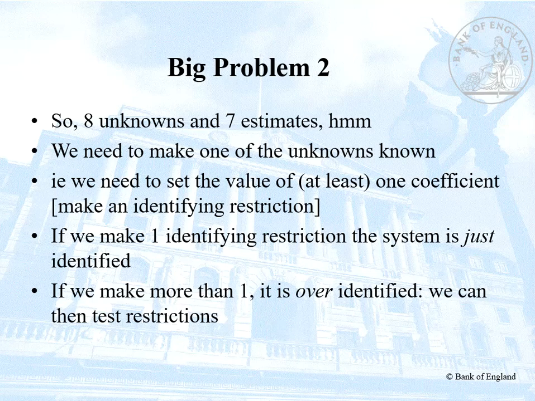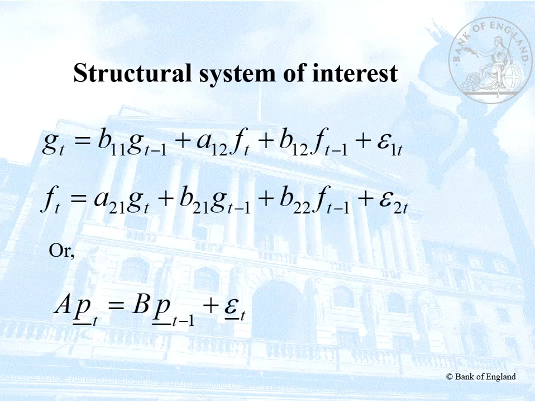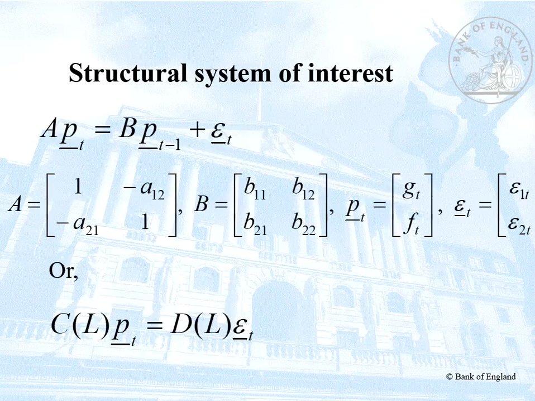So let's go back to the original problem. It is here. How many variables do we need to estimate? 1, 2, 3, 4, 5, 6, 7, 8. We have 8. But the maximum number that we can estimate is 7.